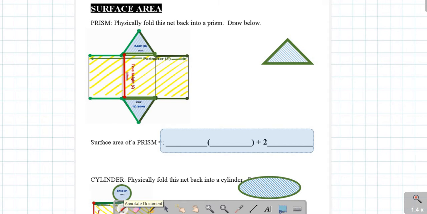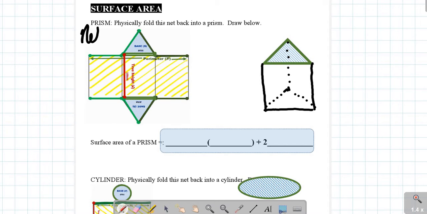If you were to fold it back into a solid, you see that it ends up being a triangular prism. So let's draw it right here. Put a dot there, and anything that you can't physically see when you draw solids, you do a dotted line. Okay? So on the left, this is called a net. On the right, this is the solid.